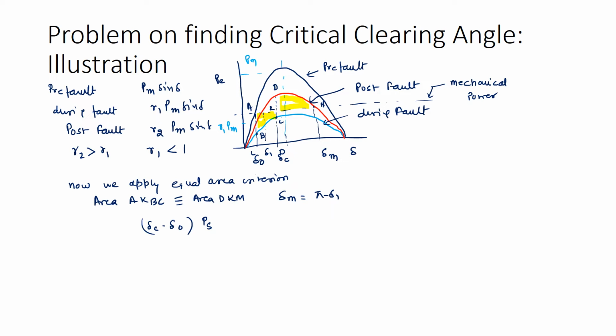Now, this particular part is R2 PM sine delta. So, if I calculate the area under the curve between these two, it will be equal to delta C minus delta naught, R2 PM sine delta.